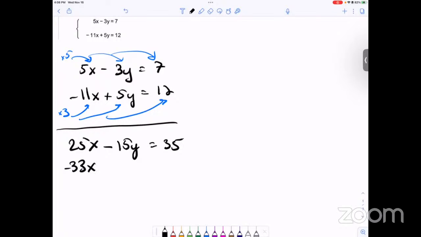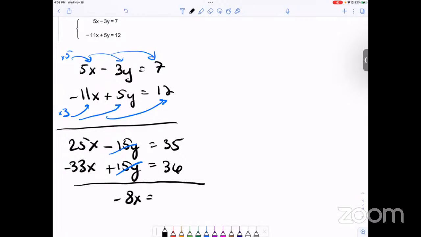When we add these two equations together, a number plus its opposite adds to 0. 25 and 33 is 58... sorry, 25 minus 33 is -8, so that's -8x equals 35 plus 36, which is 71. So then x equals -71 by 8.